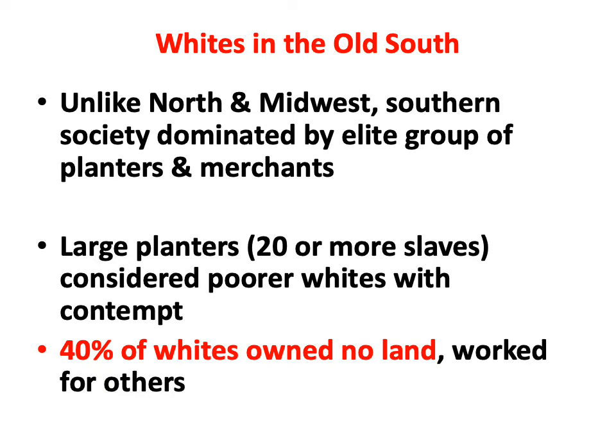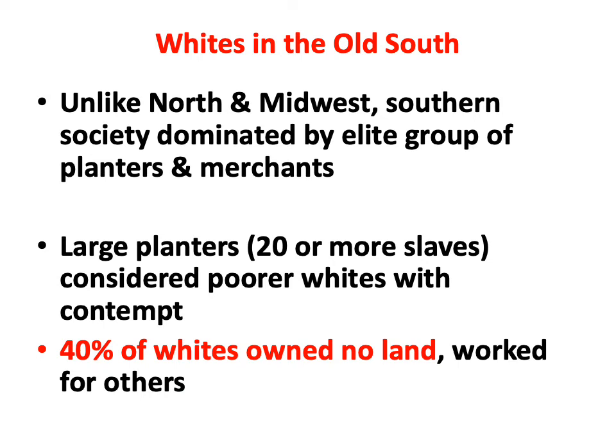The white society in the South was really dominated by the social and economic elite of the planters and the merchants who were engaged in trading cotton, tobacco, whatnot, importing food and manufactured goods. They really dominated society. And it wasn't that way so much in the North.